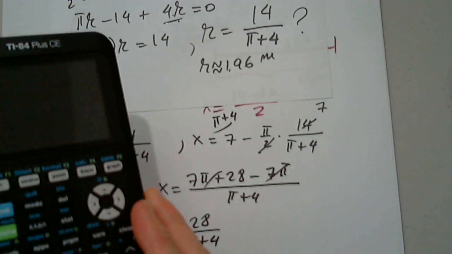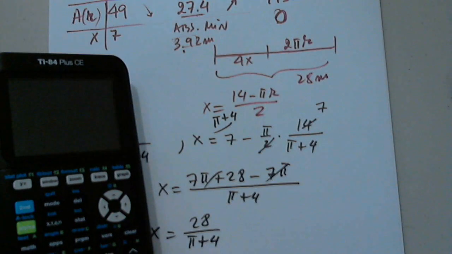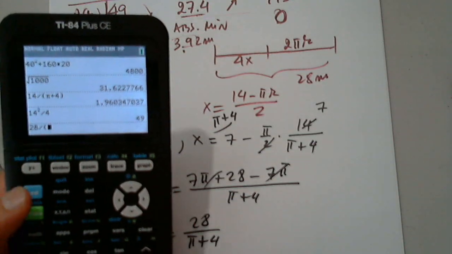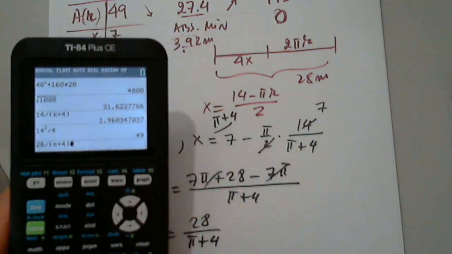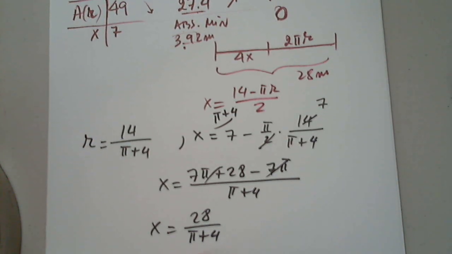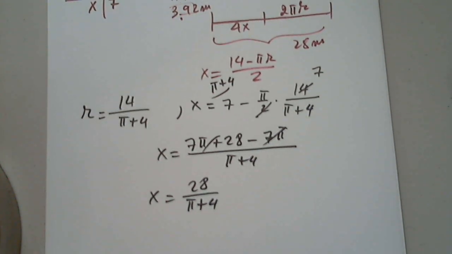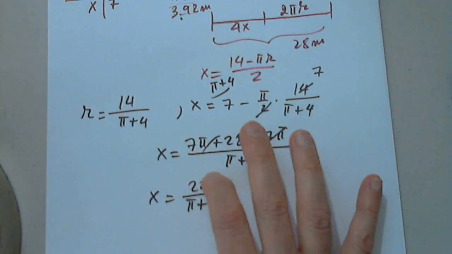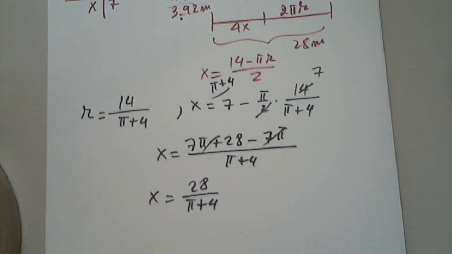I want to convince myself that that is that 3.92. Just give me 1 second. 28 divided by pi plus 4. And it should be 3.92 exactly. So you have to enter it like this, because they did not specify decimal digits. Don't forget parentheses, but it has to be 28 over pi plus 4.